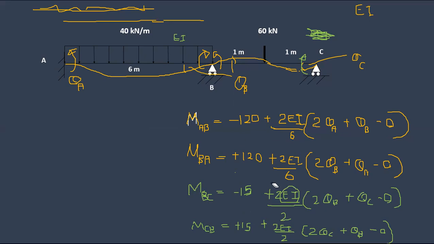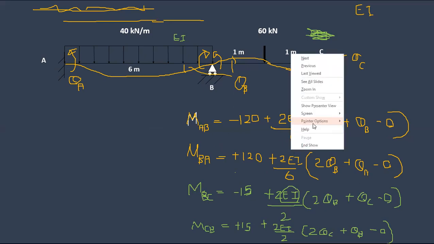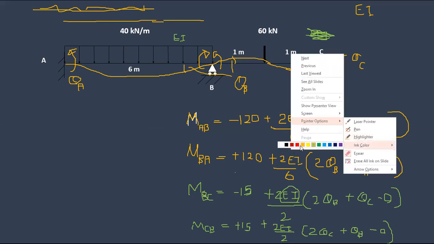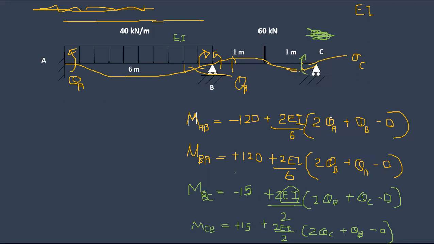So that, you know, you can form an additional equation. And another thing, your theta A is 0 because it's a fixed support, right? Either your pin or roller will have theta, but this is actually 0.